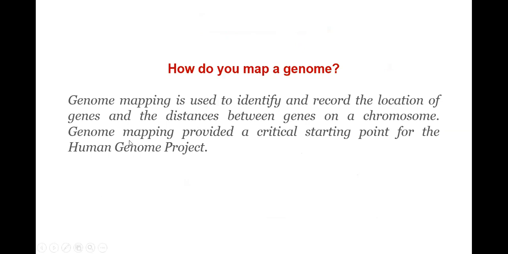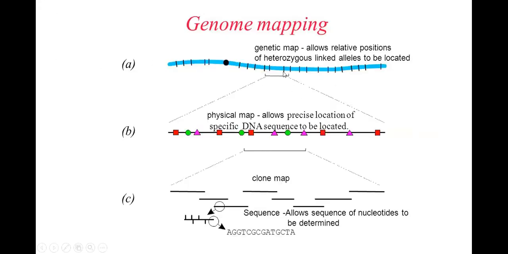So I will recapitulate whatever we have spoken in the last few slides. Genome mapping is used to identify and record the location of genes and the distances between genes on a chromosome also. Given the two maps here, you can precisely tell how far this gene is from that gene, whether it is present far away, or whether this gene is closely located.